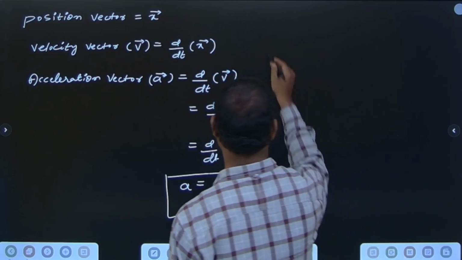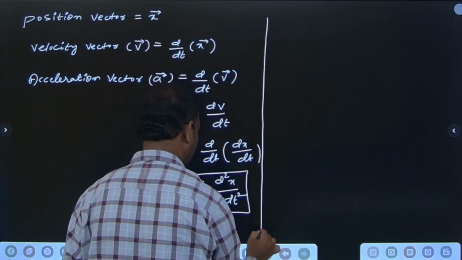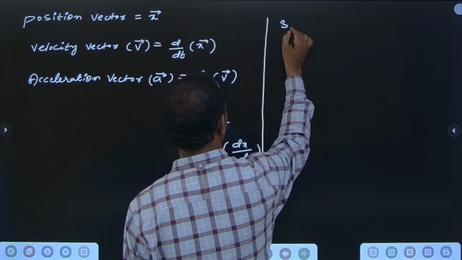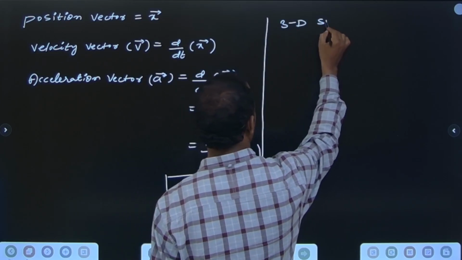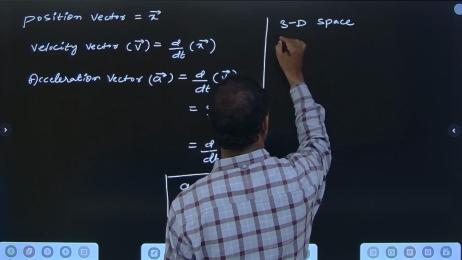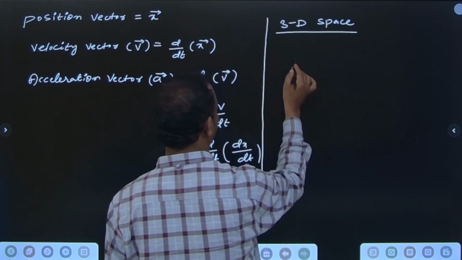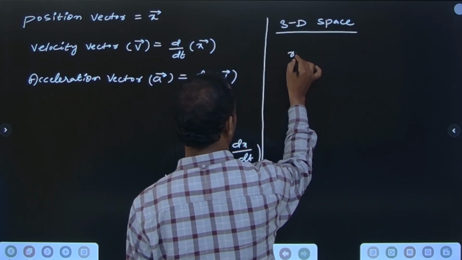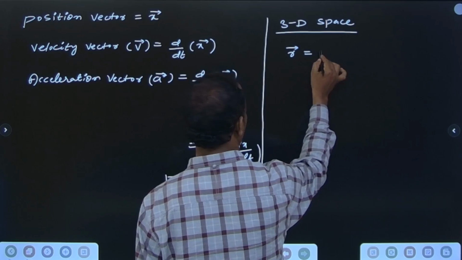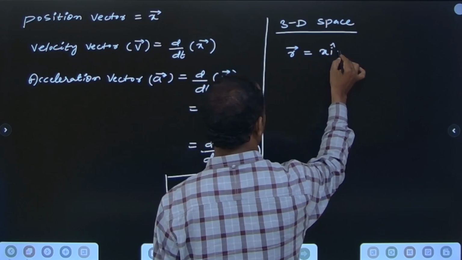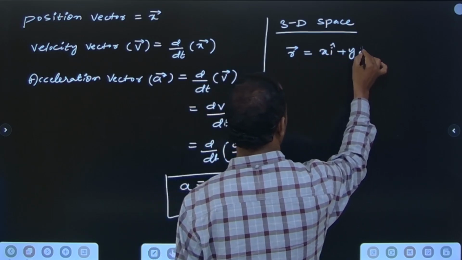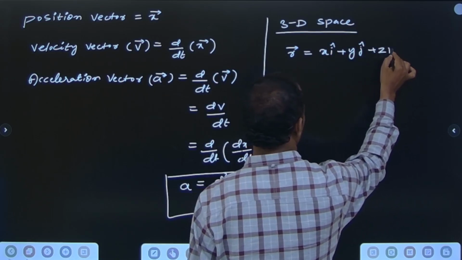For example, if you want to write in 3D space, the position vector, say r bar, is x i cap plus y j cap plus z k cap.